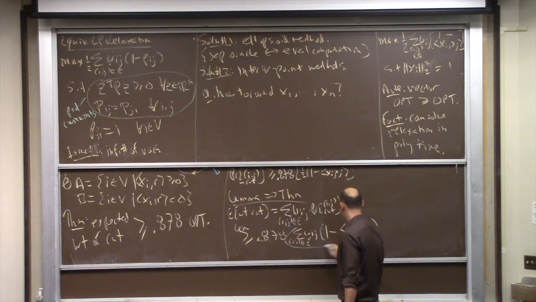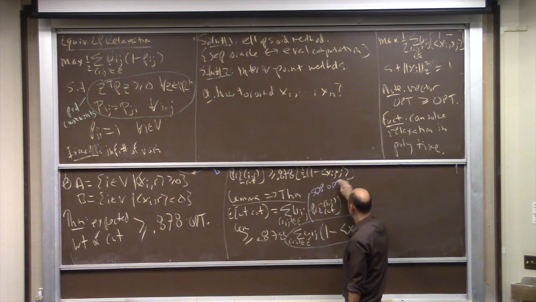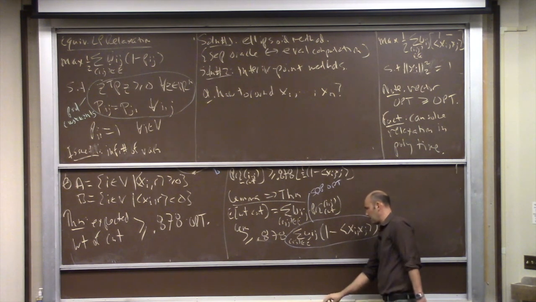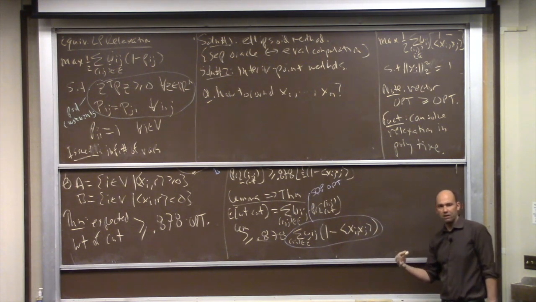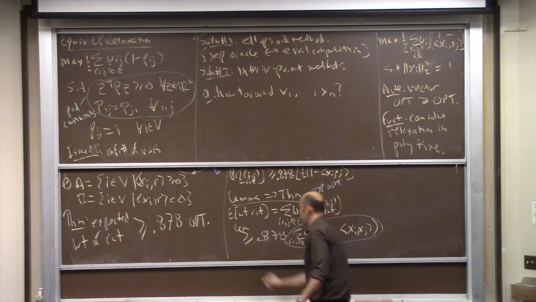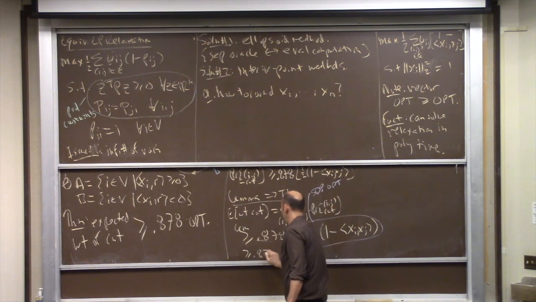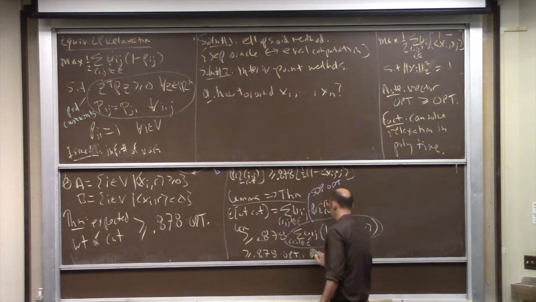This, remember, is the semidefinite programming opt. And by virtue of being a relaxation, that's only bigger than the real opt. So it's at least 0.878 times opt.